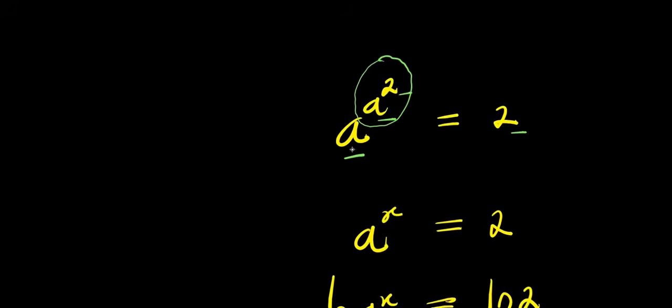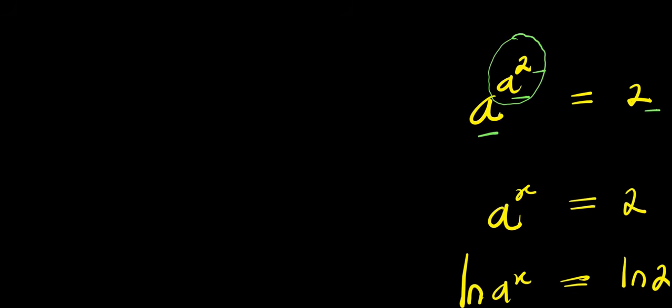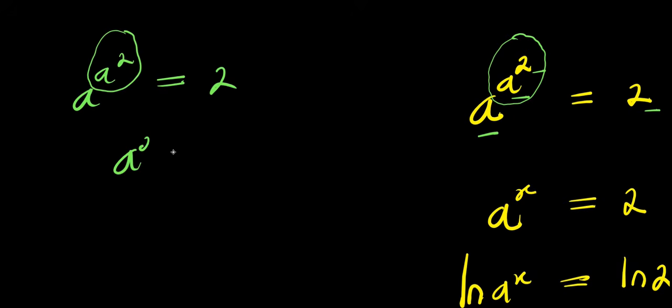Based on this particular method, we can solve this using another method again. a^a equals 2. I can also decide to replace this with y this time around. I have a^a equals y. Then I can isolate a from here.